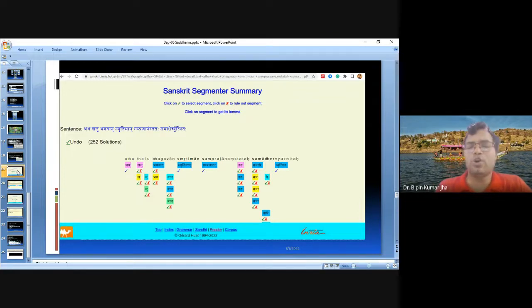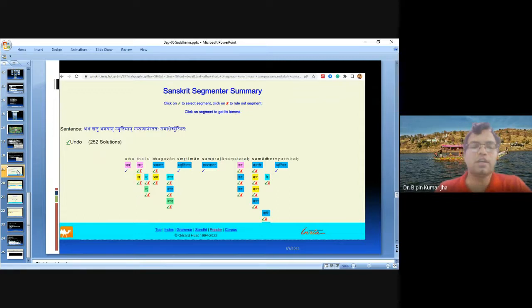I am showing only one tool, and it is not only on the Sanskrit Heritage site that you will find such tools. There are so many tools on the web from where you can find how to split sentences. Not only this, but you can also listen to the pronunciation of the split terms or whole sentences.